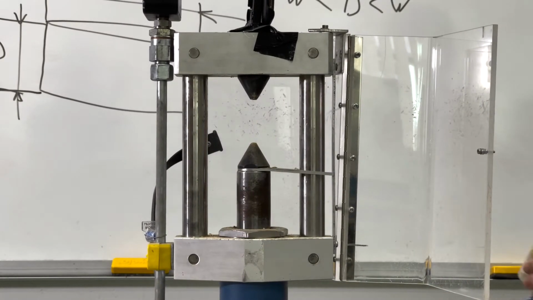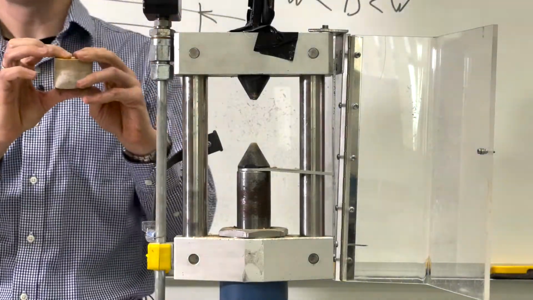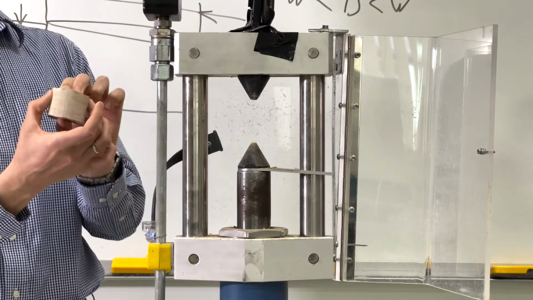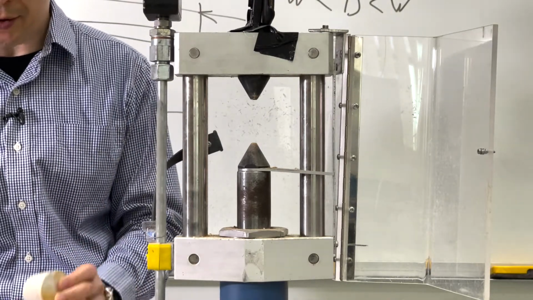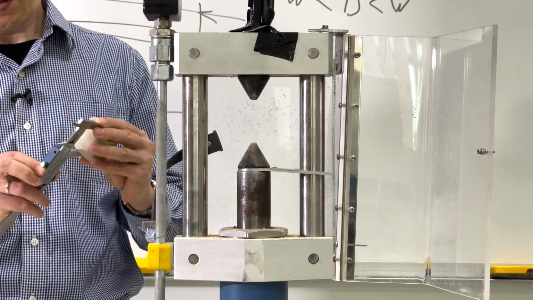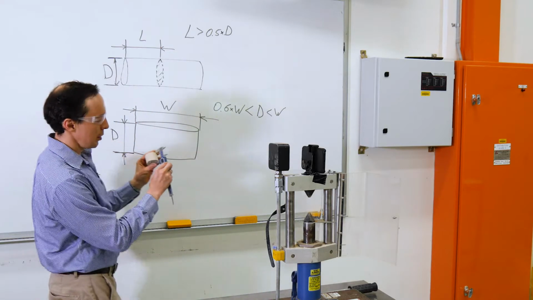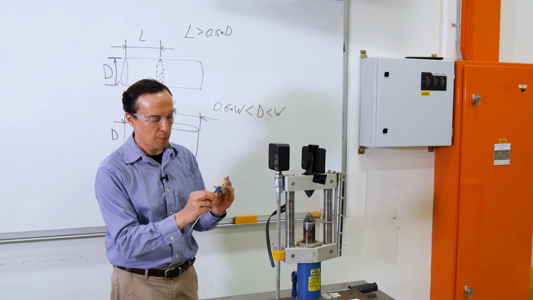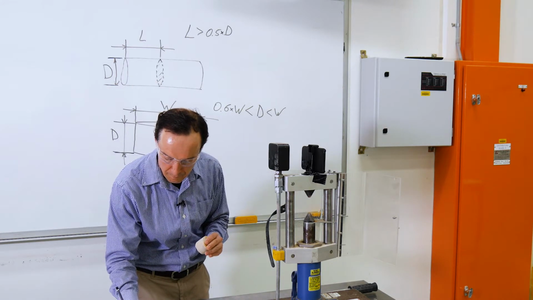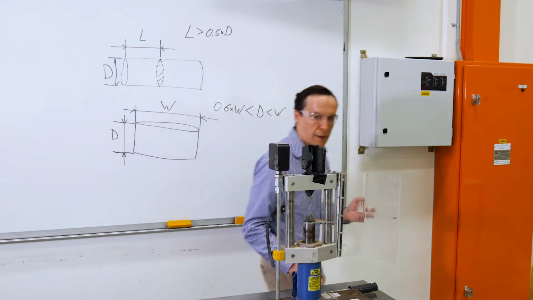So I need to measure again the D of the sample because it changed. So the diameter of this core sample is the same, but this value of D is now 39.4.